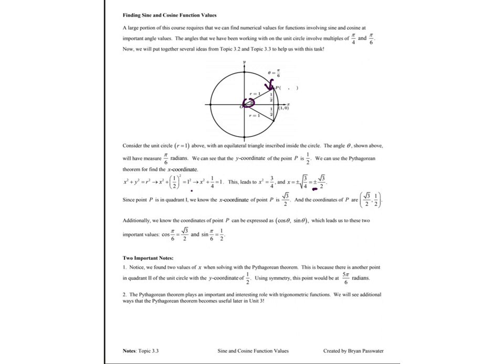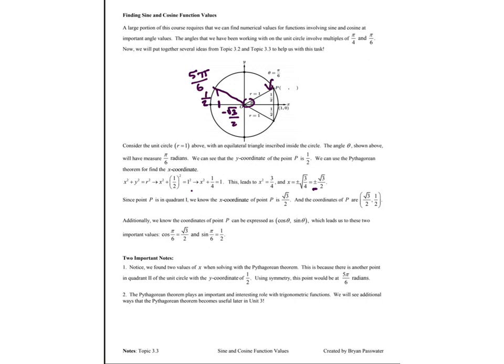The first one is at positive square root 3 over 2. The other one is at negative square root 3 over 2. I want you to draw this one on your paper. It happens over here at 5 pi over 6. This is located at negative square root 3 over 2, comma, positive 1/2.